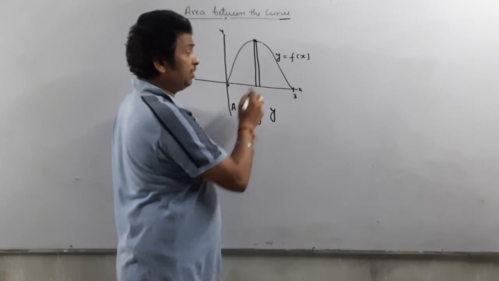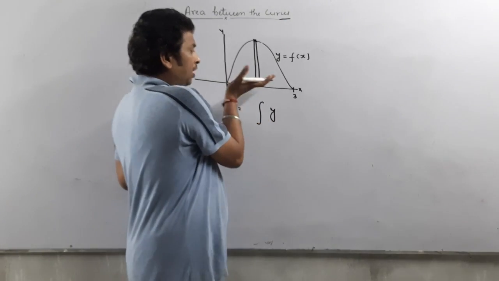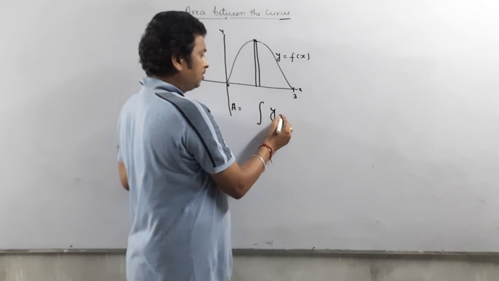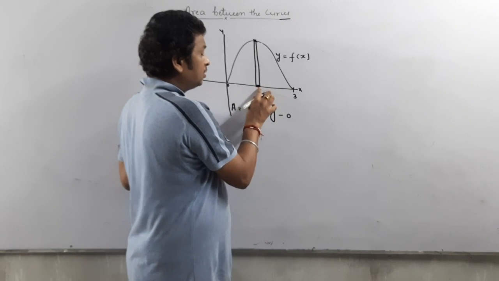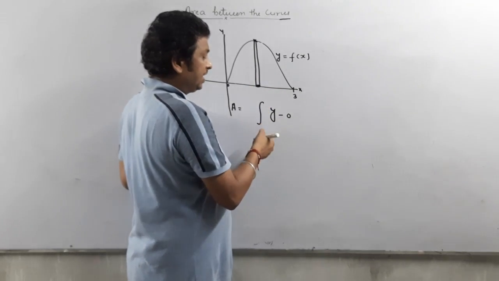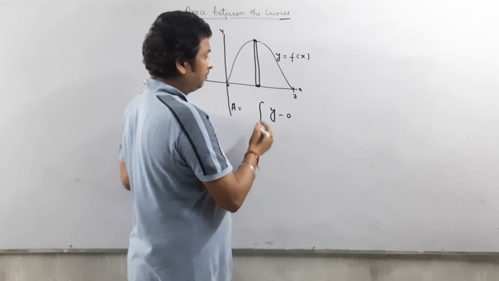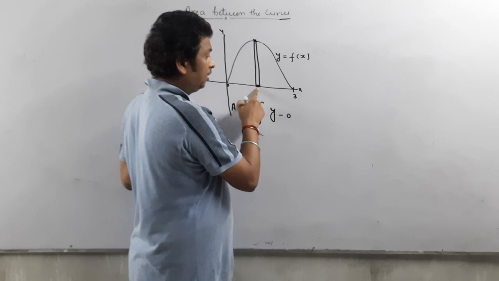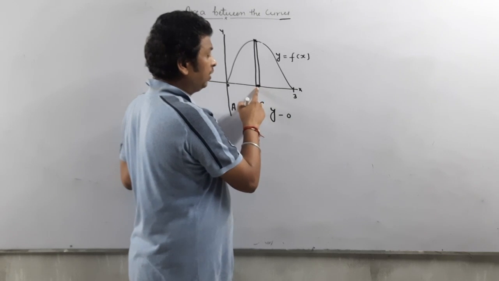Correct? Whatever y value is there, just put it here. What is the y value at the lower end? The lower end lies here. So check what the y value is here. Here the lower end lies on the x-axis. So here what is the y value? 0.